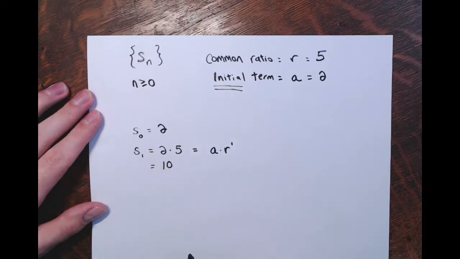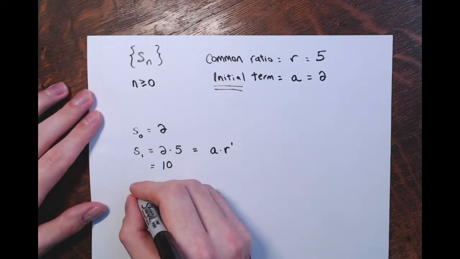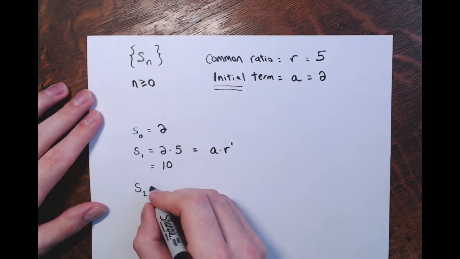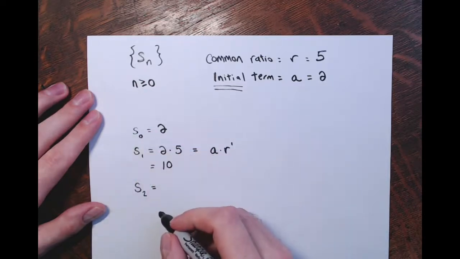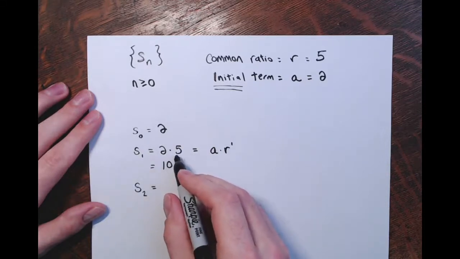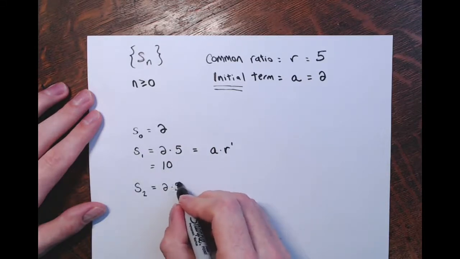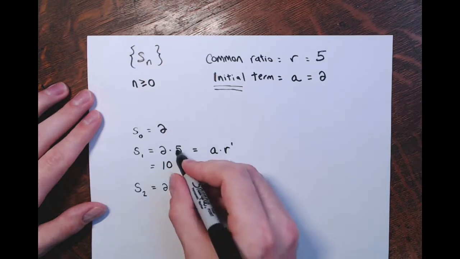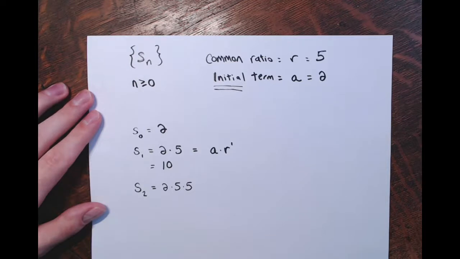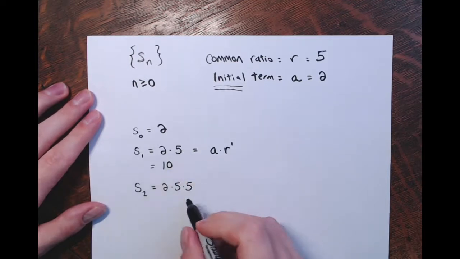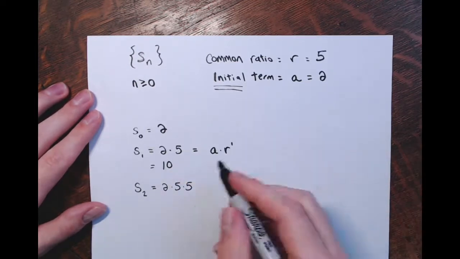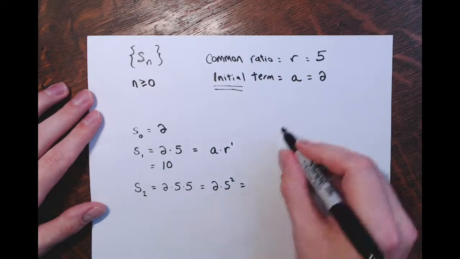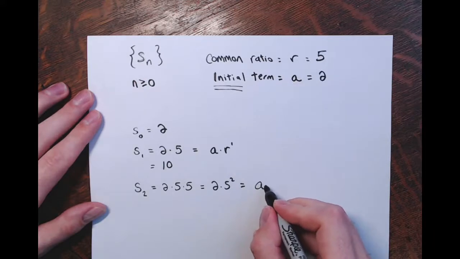And then the third term, the third output, which is s sub 2 here, because we're starting at 0, is again the previous term, which is 2 times 5, or 10, but then times 5 again, right? That's how you form these next terms in a geometric sequence. You take the previous term, keep multiplying by this common ratio. Well, that would be 2 times 5 squared, which, if I use the letters here, you see is a times r squared.